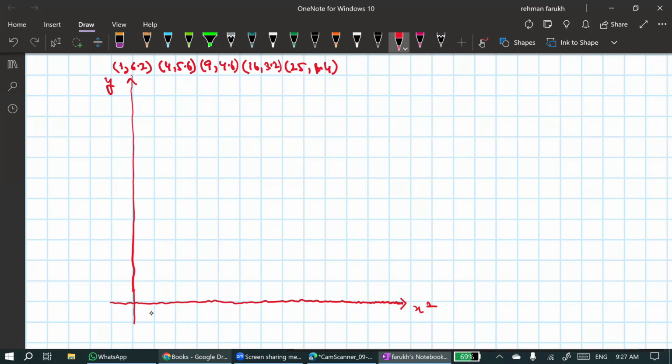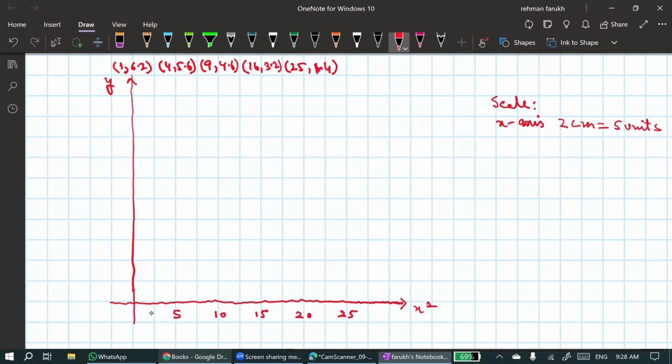Now we will choose the scale for x-axis: 2 centimeters, 5, 10, 15, 20, and 25. For x-axis, the scale is 2 centimeters is equal to 5 units.